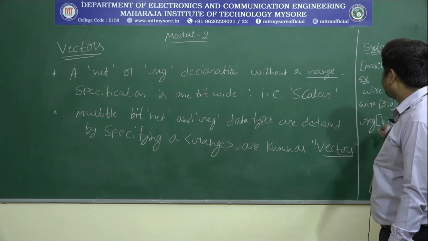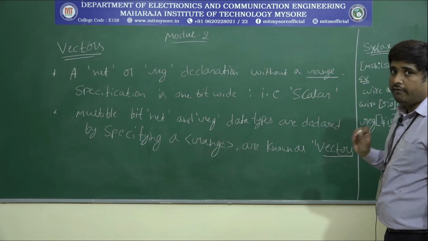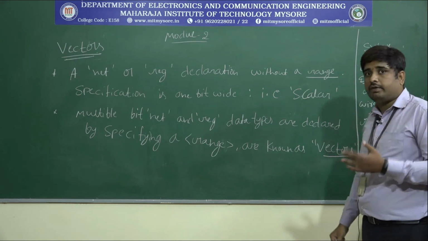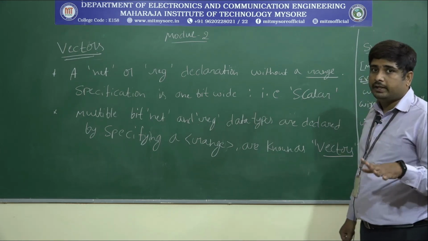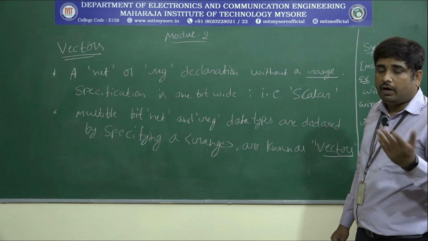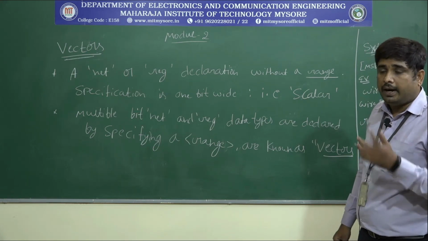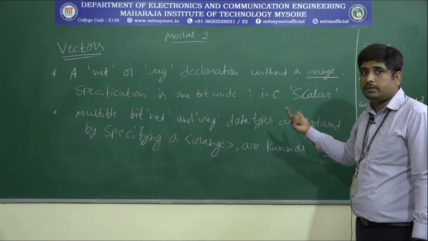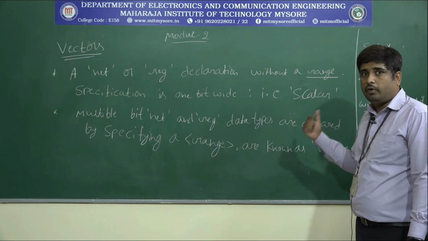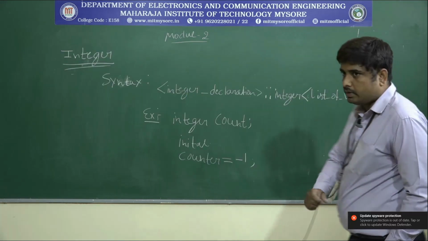These are some examples with respect to vectors. The advantage of vectors over previous data types: in previous data types we could mention only 1 bit, we can't mention more than 1 bit. By using vectors, it is possible to specify more than 1 bit at a time.